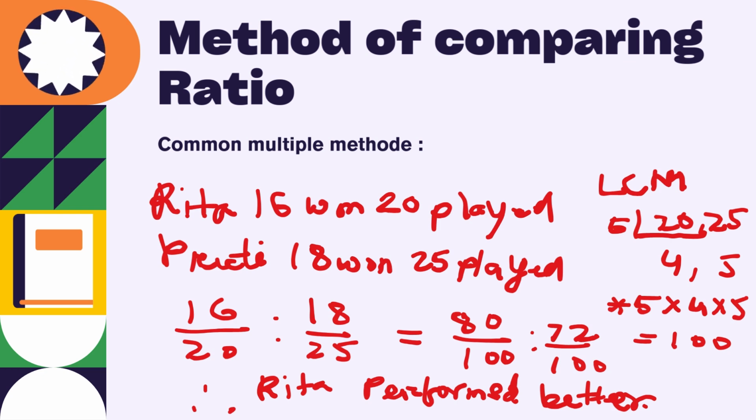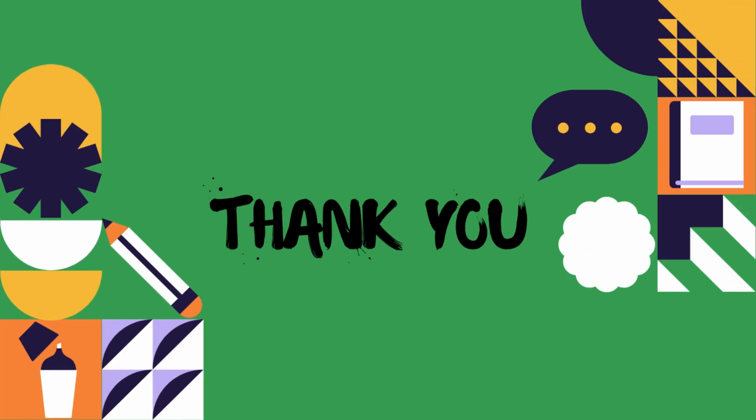Definitely here 80 is greater than 72, meaning that Rita has performed better than Preeti in winning the games during the session. So here I have to end my video. If we relate these examples with real life, it will be easier for the students to understand the concepts. Thank you.